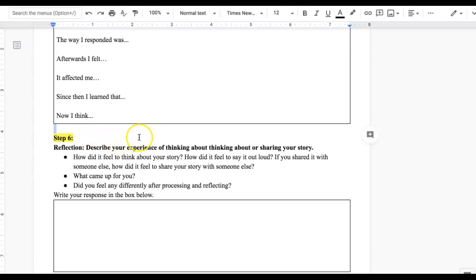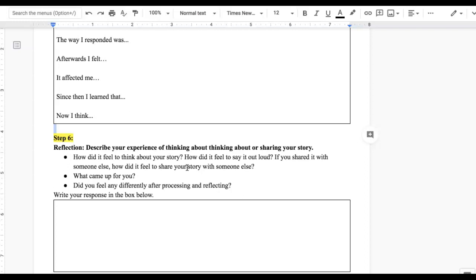Step 6 is simply reflecting on the whole process of visualizing and processing and thinking and then speaking your truth and speaking your story. In step 6, all we want you to do is think about how it felt to do that.